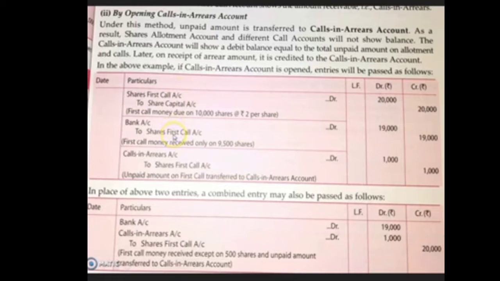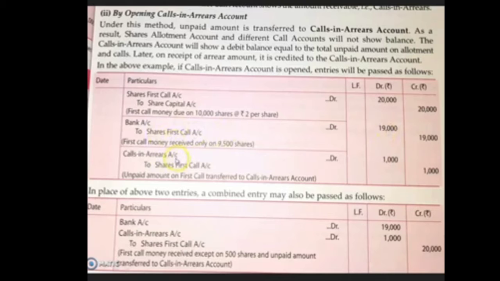Next entry is you have to receive the money. So bank account debited to share first call. If you remember the question, you have received the money from 9,500 shareholders. So 9,500 into ₹2, you get 19,000, the amount received on the first call.